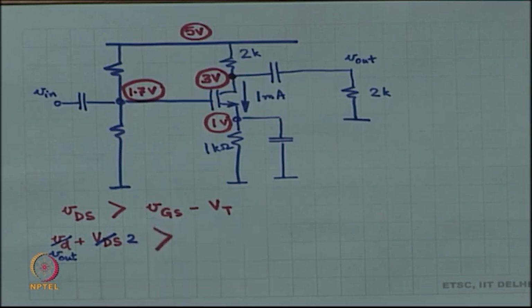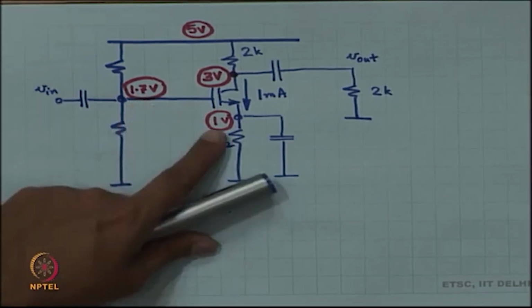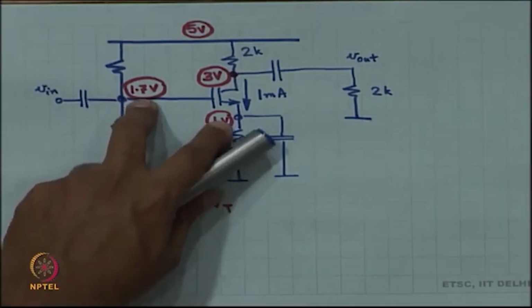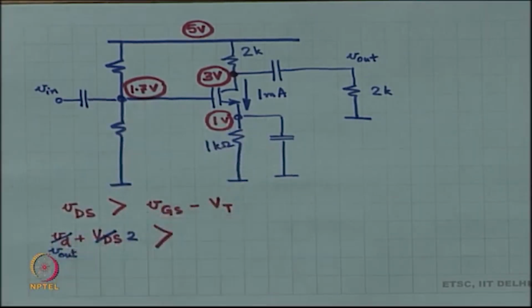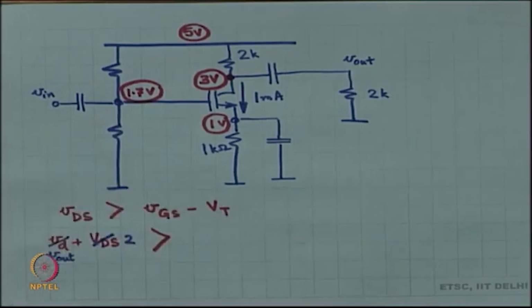VGS is 1.7 plus the input and VT is 0.5. I am sorry, gate voltage is 1.7, source voltage is 1 volt. So, VGS is 0.7 volts, VT is 0.5. So, VGS minus VT at the DC operating point is 0.2 and then the extra VGS on top of it is V in.